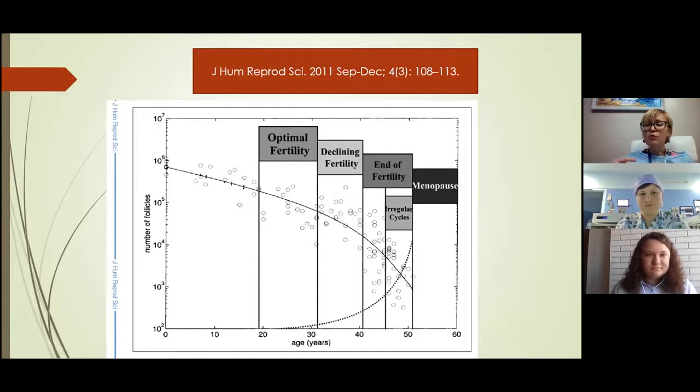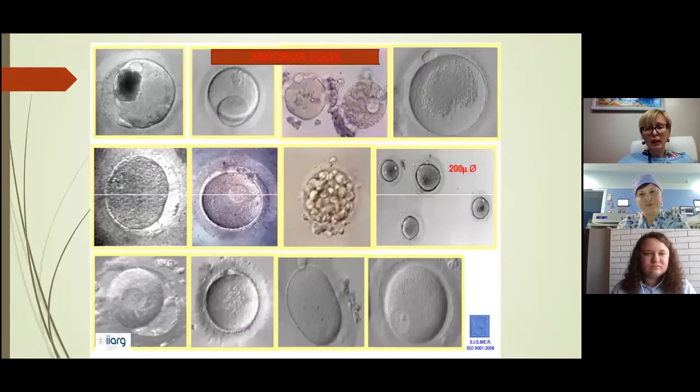So if a woman has menstruation, it does not signify in all cases that she has good ovaries and a good possibility to become pregnant. For this purpose, we study in each case the ovarian reserve. You can see in this picture different kinds of oocytes, and most of them, Olga can confirm, are not so good.